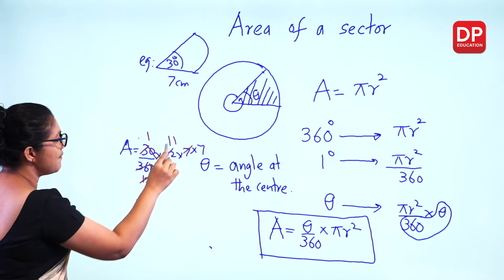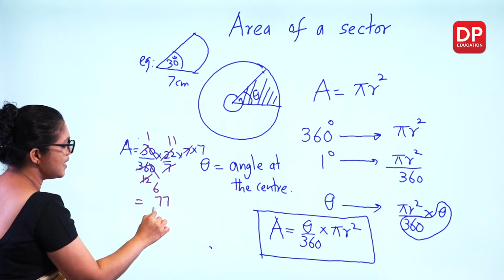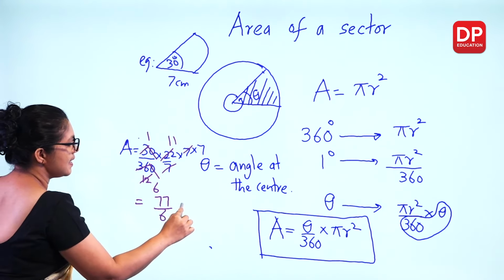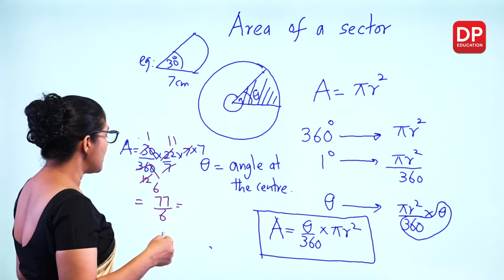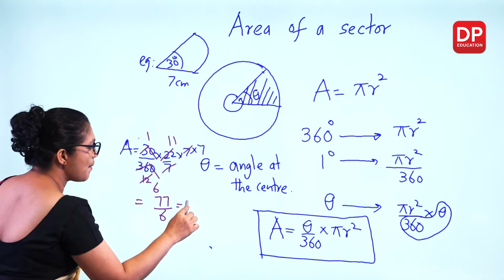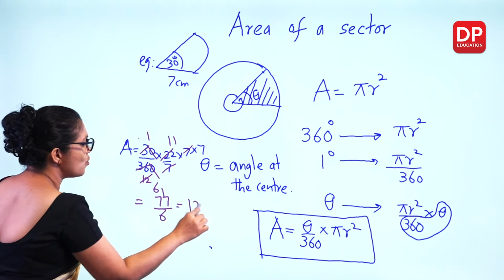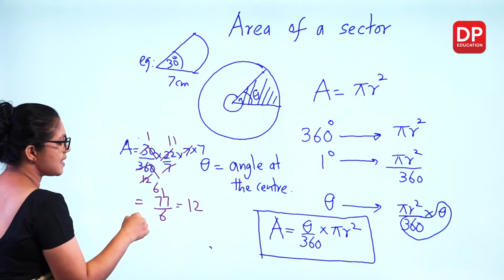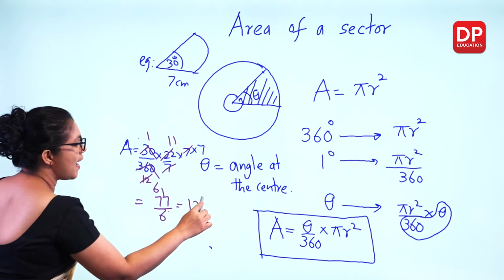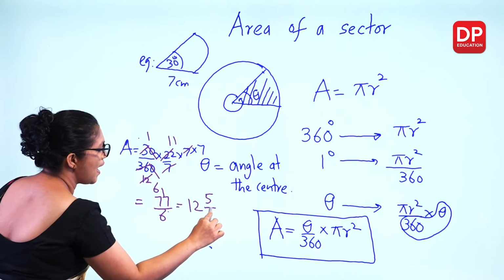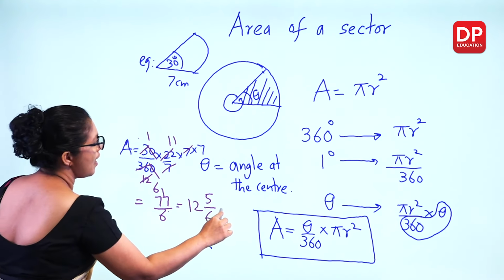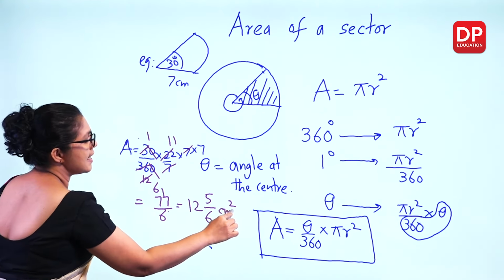You get 11 times 7, 77, divided by 6, and when you divide further you can write it as a mixed number: 6 times 2 is 12, and you get 5 remaining. So 12 and 5 over 6 square centimeters.